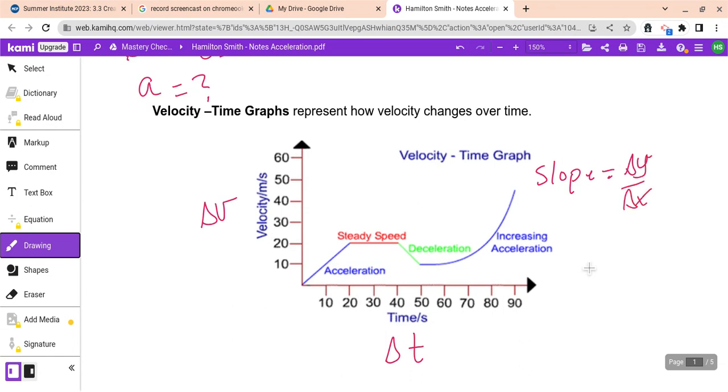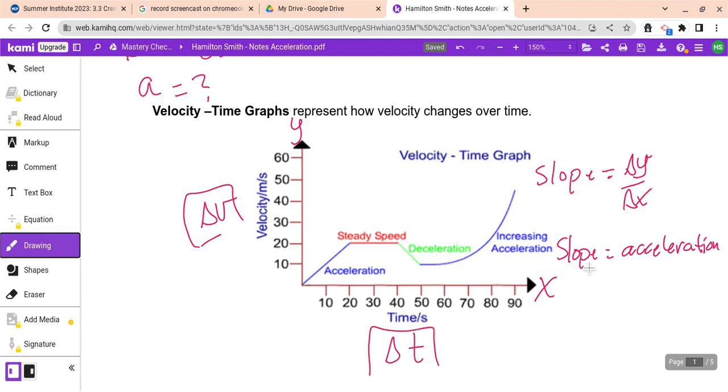So when you have a graph that has a variable on the y-axis that is equal to delta v, and one on the x-axis that is equal to delta t, then in essence, no matter what, for this situation, the slope is also going to equal the acceleration. Now, this is not the case on all graphs in general. You have to have these variables in these locations in order for that to be true.